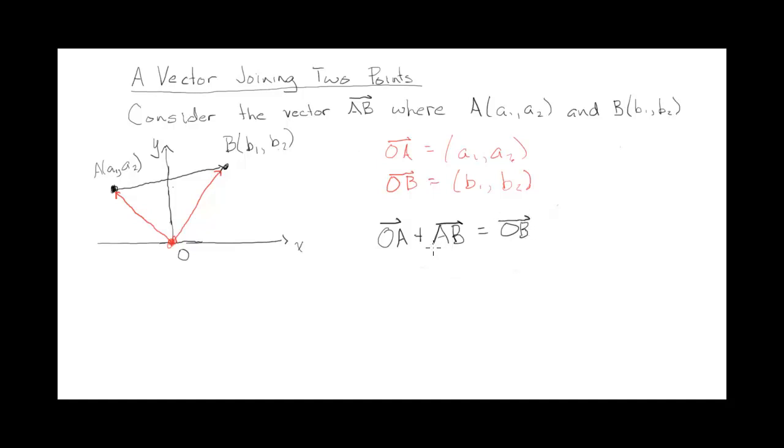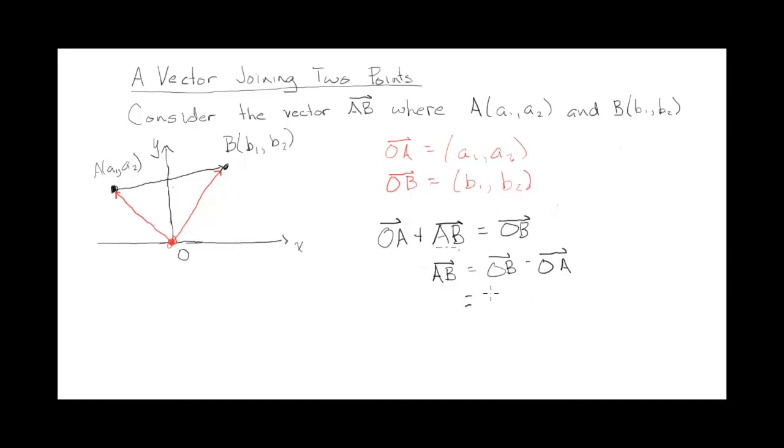Okay, and now remember we want to come up with how do you write this vector AB, so I'm just going to solve for AB. So subtract OA from both sides of the equation. So this would be minus OA. And then I know these in components.